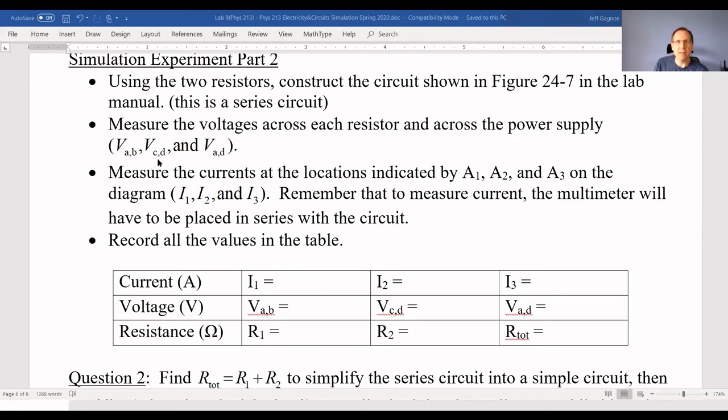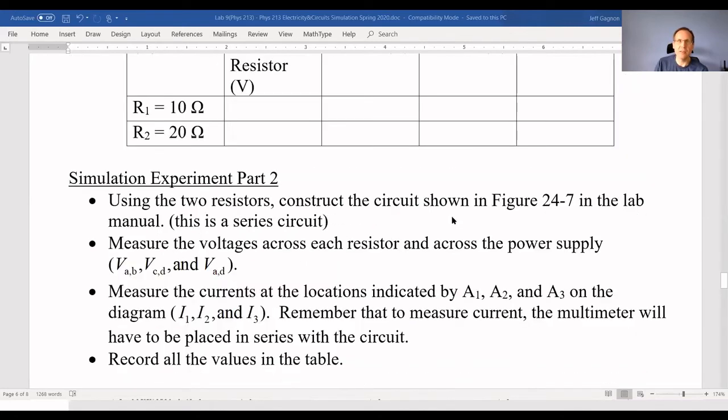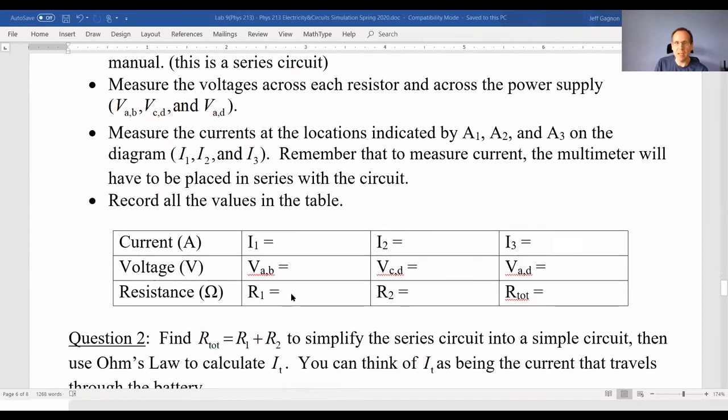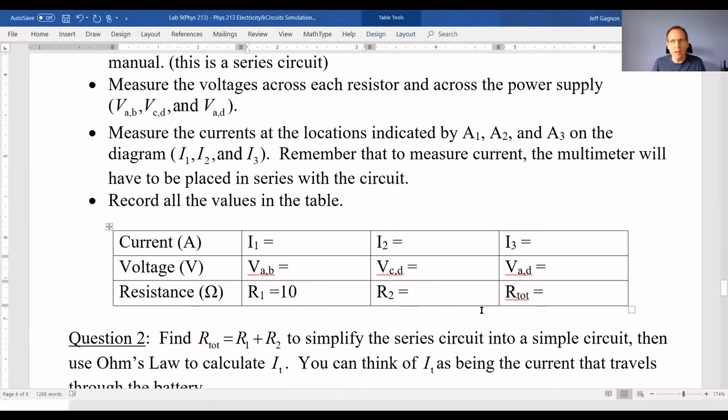The voltage across the first resistor, that was AB, and then the second resistor, CD. You can think of R1 here as being the 10 ohm resistor, and R2 as being the 20 ohm resistor, because we're going to use the same two resistors we had before. So R1 is 10, R2 is 20. I'll even type that in right now. So this is 10, and then this is 20.